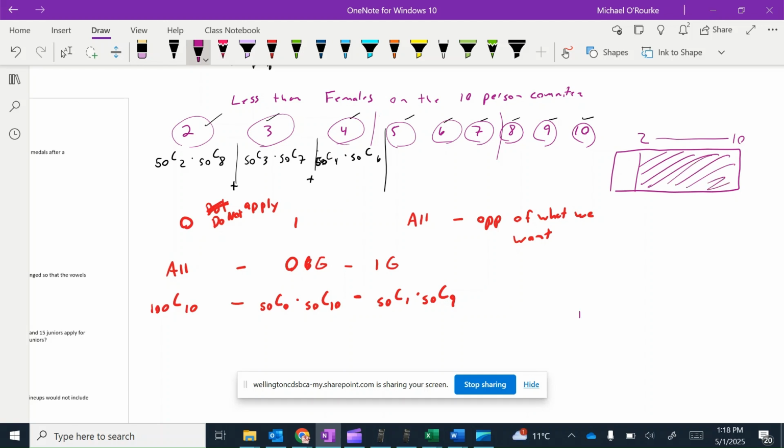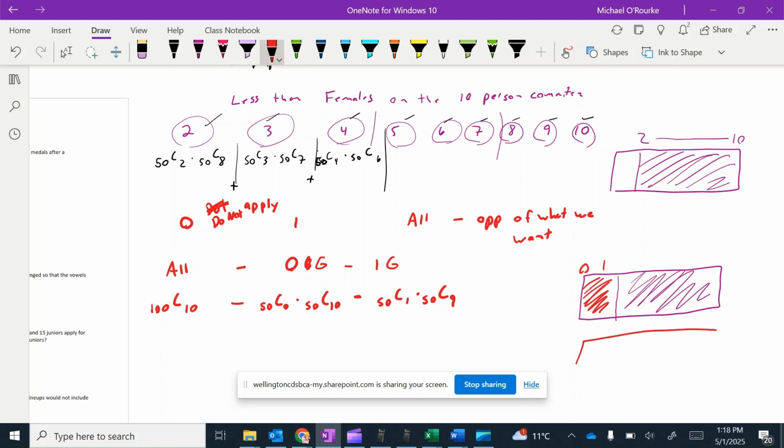In this case, what we're doing is we're going to subtract off 0 and 1, which leaves us with all the options we wanted. But it only takes 3 calculations.